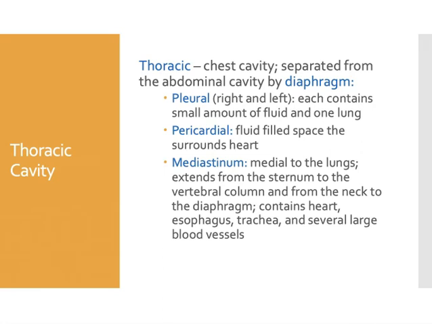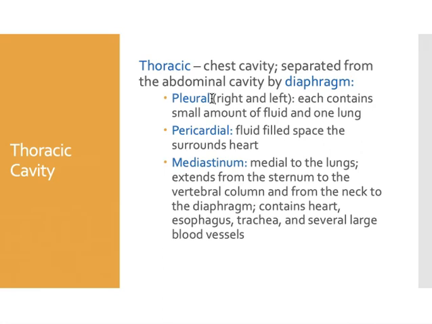Now, inside of the thoracic cavity, there are a couple of structures that we should know about. This term pleura, or pleural, refers to membranous structures that surround and contain a small amount of fluid and one lung.